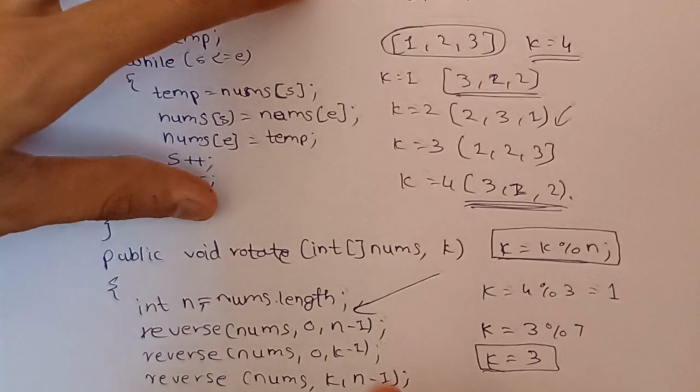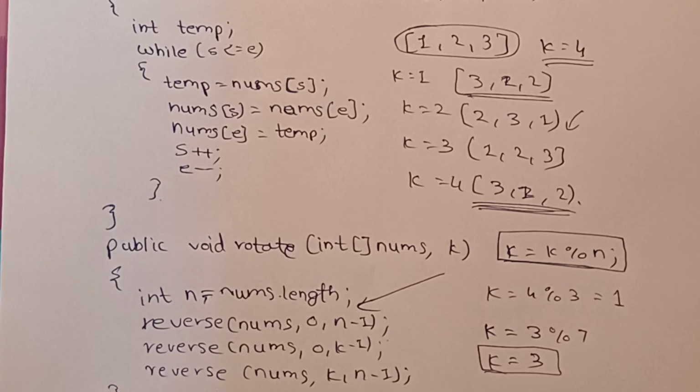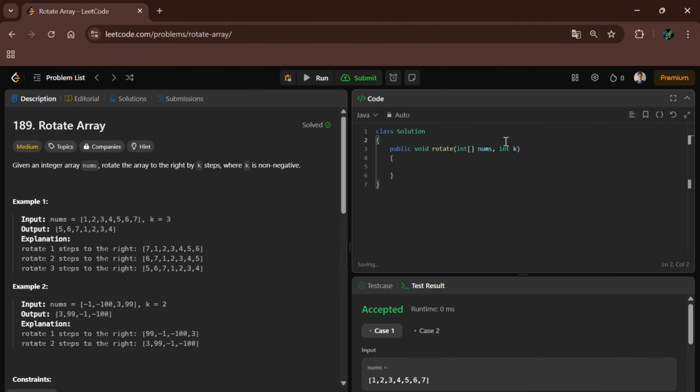So let's see the code editor on Leetcode. First we have to create a function named reverse. I will create public void reverse, taking int array nums, int starting pointer and int ending pointer. Then we swap our array as we swap two numbers.